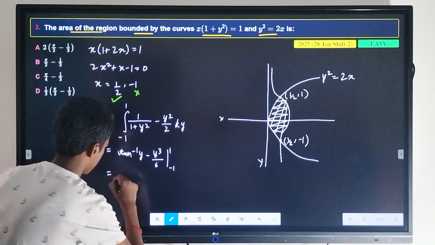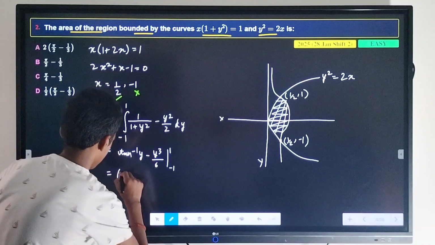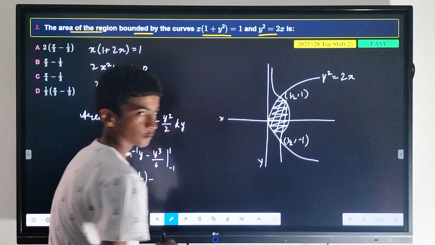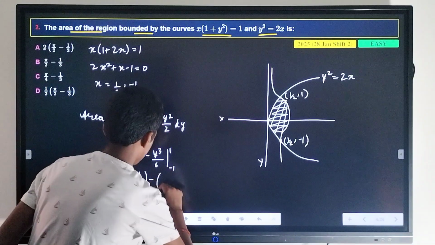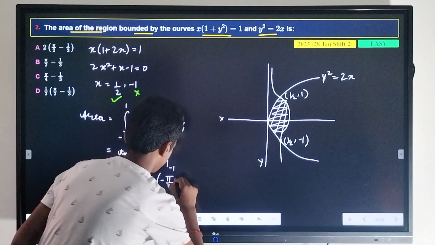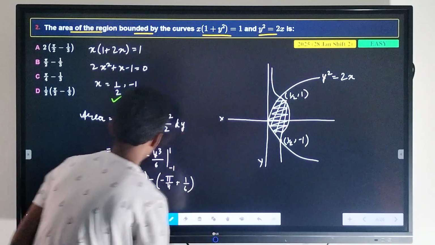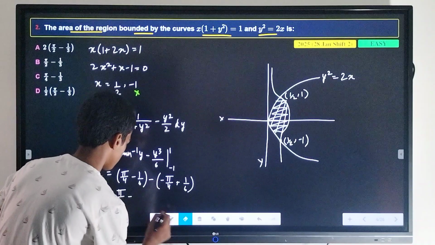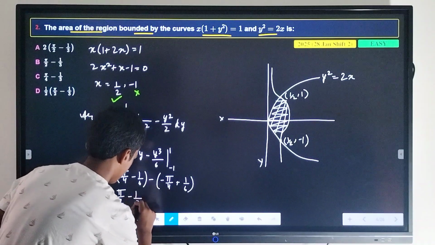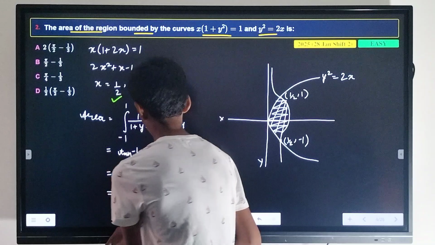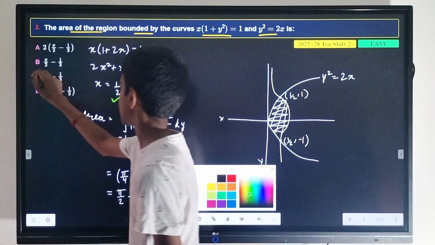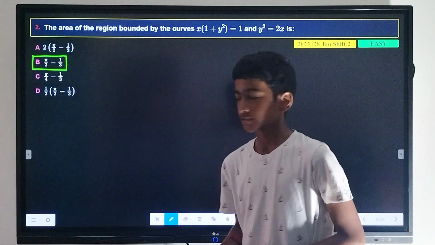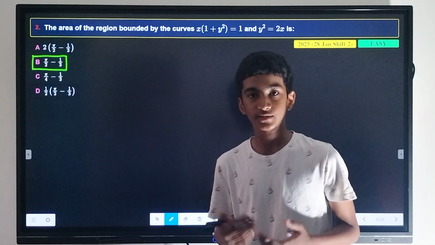When we put 1, we will get pi by 4 minus 1 by 6. And when we put minus 1, we will get minus pi by 4 plus 1 by 6. So this is equal to pi by 2 minus 1 by 3. So from here our option B is correct, and here is the solution, and we can see that our option B is correct.